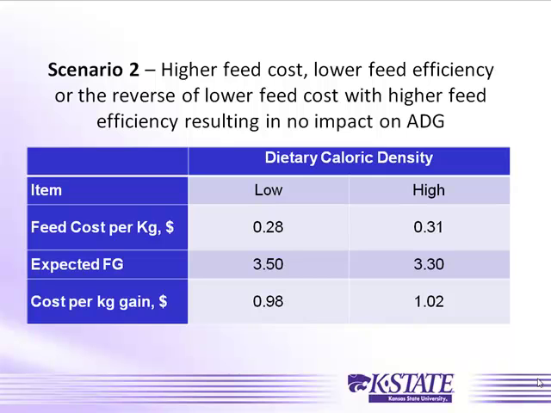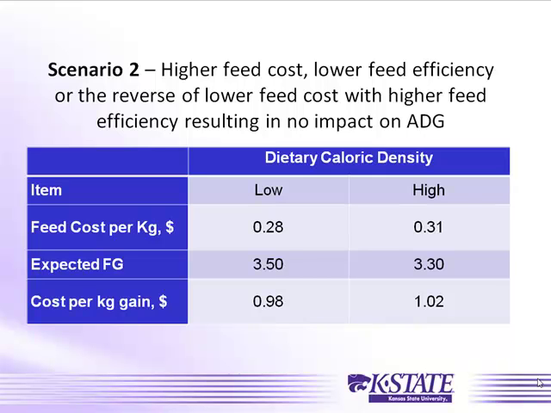And this is a case where we're maybe in that late finishing pig that isn't limited on space and is very healthy. So what happens there is that pig, as the caloric density of the diet decreases, his feed intake goes up, doesn't affect his growth rate.